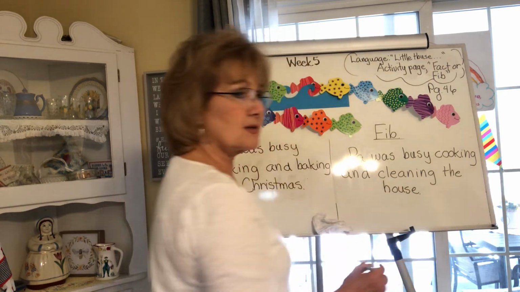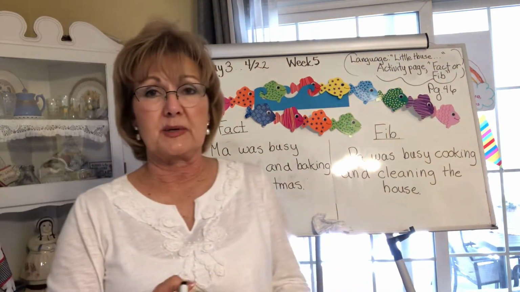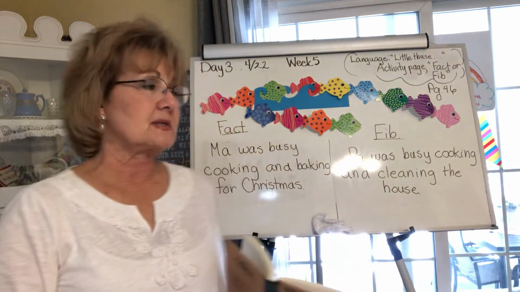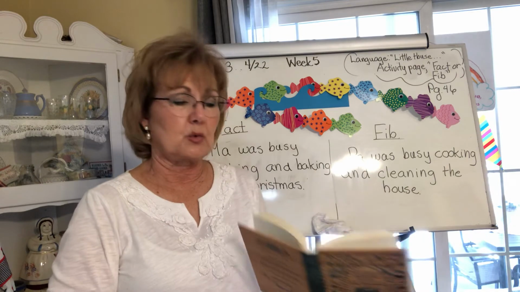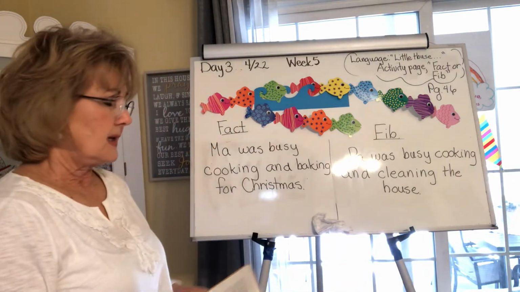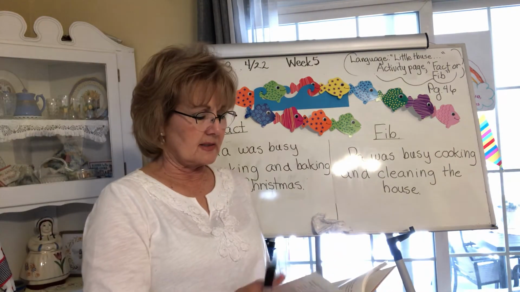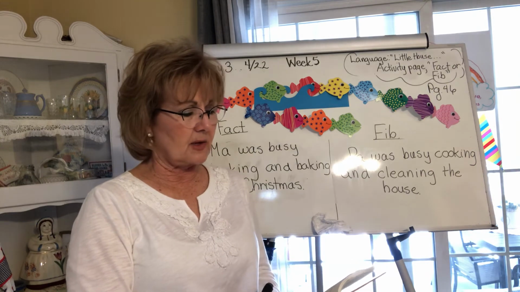That's not true, because what was Pa doing? Pa was hunting, right? That was his job, and taking care of gathering firewood and doing all the other things that Pa's did in those days, okay?